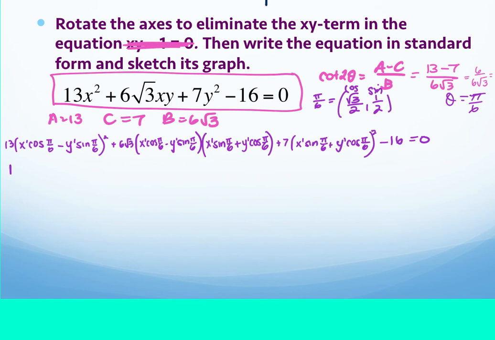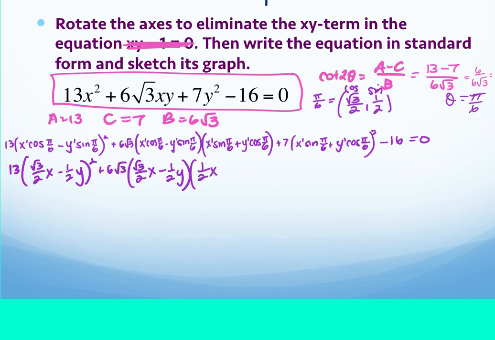So I'm going to get 13 times square root 3 over 2 x minus 1/2 y, squared, plus 6 root 3 times root 3 over 2 x minus 1/2 y, times 1/2 x plus root 3 over 2 y, plus 7 times 1/2 x plus root 3 over 2 y, squared, minus 16 equals 0.